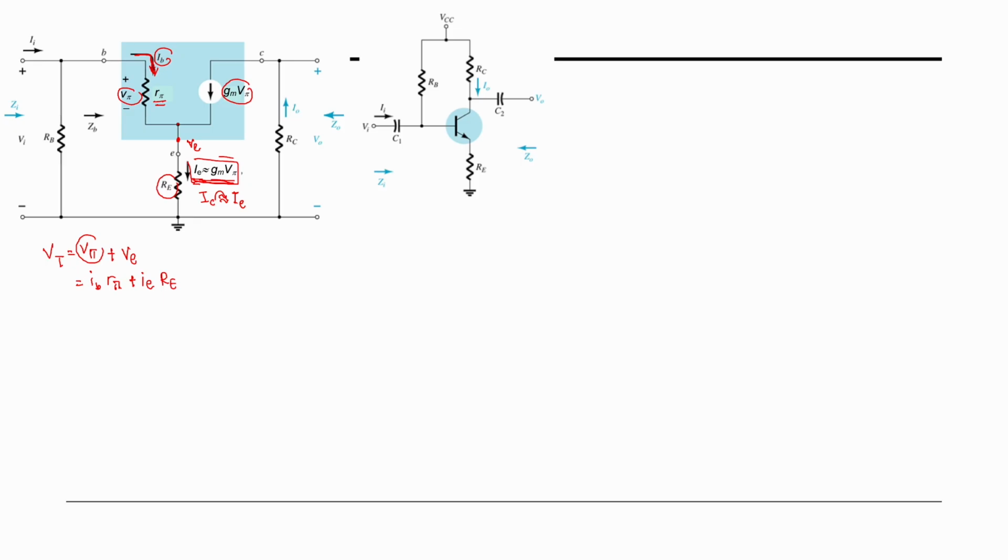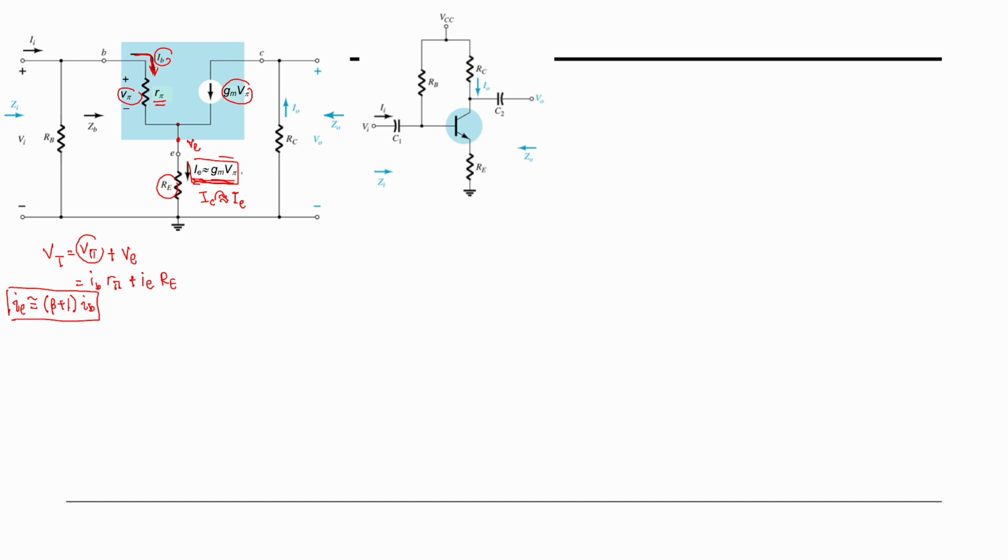I just want to show you how we got the formula I showed you earlier. We know IE is equal to beta plus 1 times IB as well. Do you still remember? This is what we discussed in DC analysis: IE is almost equal to beta plus 1 times IB.